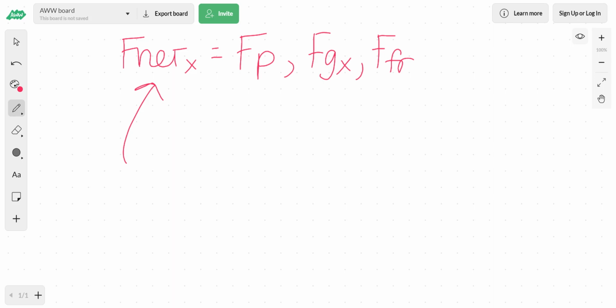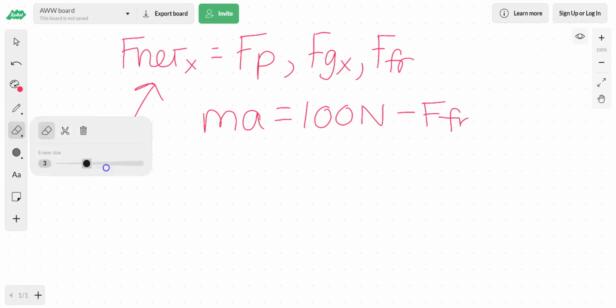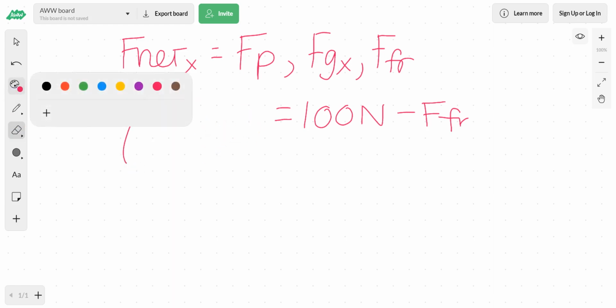So what that means is that maybe you know mass times acceleration, and you know that the push is 100 newtons. And you know that friction is present, you just don't know how big, and you know based on the problem that your mass times acceleration, your net force is 25.